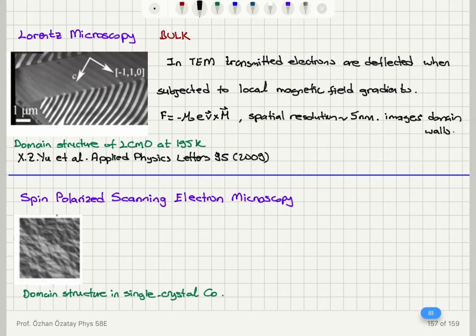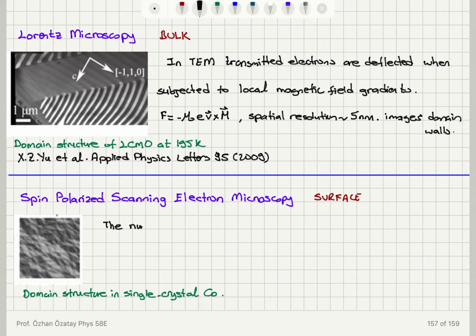Another method is spin polarized scanning electron microscopy. So we look at the number of backscattered electrons at a given angle, and this is dependent on the direction of magnetization within a domain. So it is basically measuring the domain structure at the surface. We have a surface effect here. We're looking at the reflection of electrons from the surface.